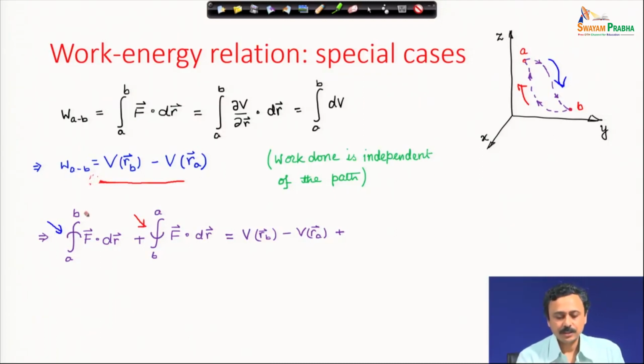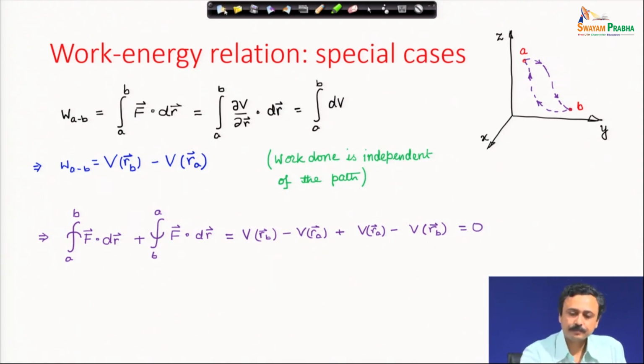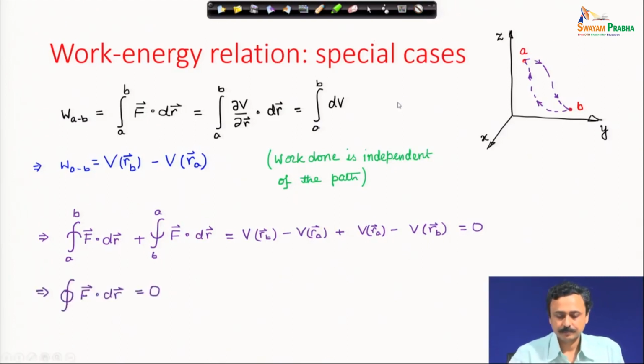So, it is the difference in the value of the potential function at R_B and R_A, and the second integral must be the difference in the potentials at R_A and R_B, V(R_A) minus V(R_B). Therefore, now I have traversed a complete path.